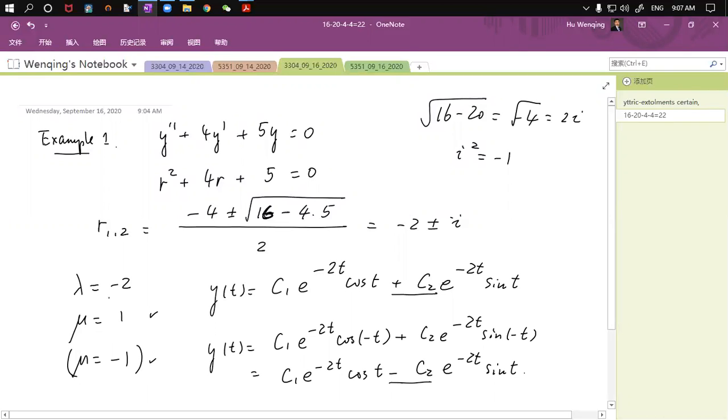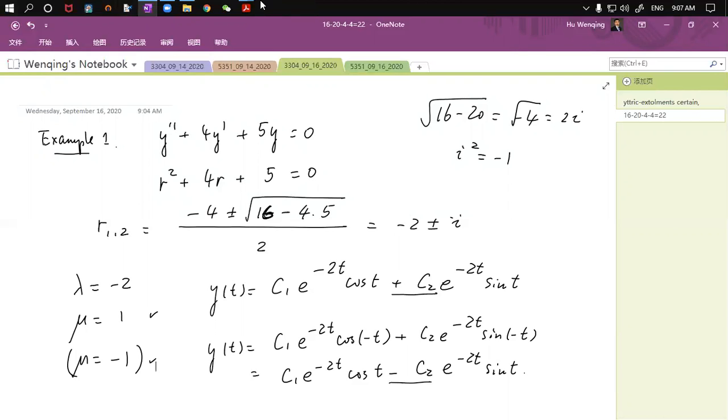If you take the negative one, it will take the grader a little more time to recognize what you are doing. So that's the complex conjugate case.